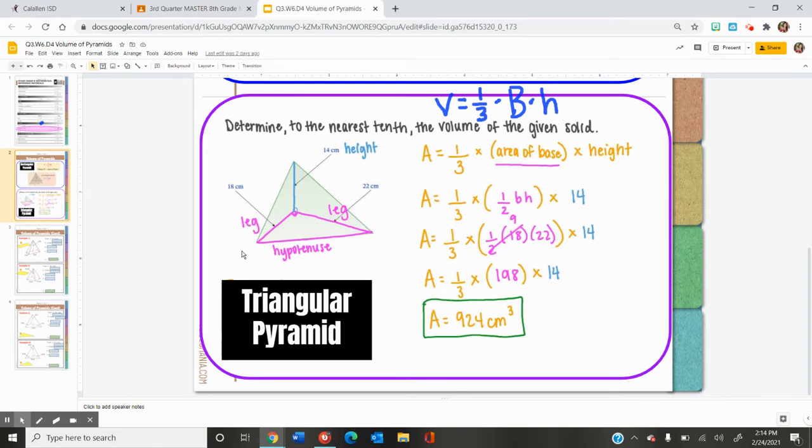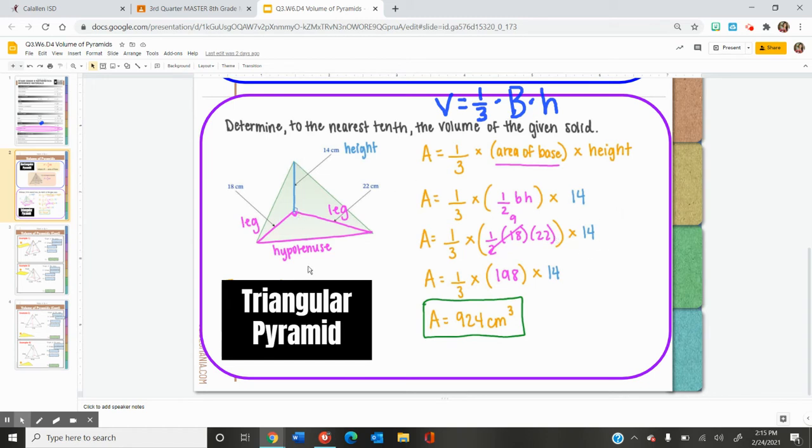Here, whenever we talk about triangles, finding area, we always think of base and height. So here, to find the area of our base, they used 18 and 22. That's what they put here. And now our height, again, is the height of our shape. So that is the distance from the peak to the base shape.